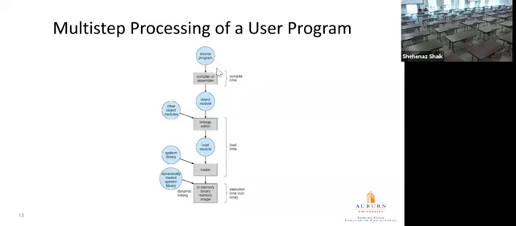Now, as I mentioned earlier, for a particular process to be executed, what we need are the actual physical addresses where a particular variable or some segment is stored.